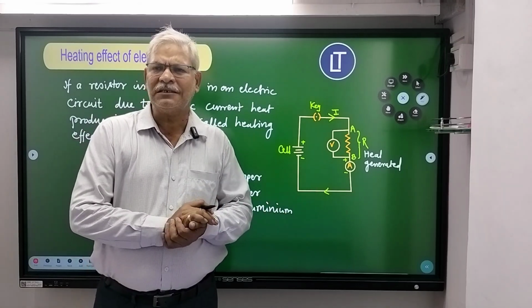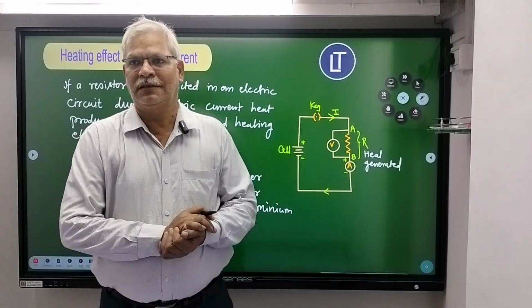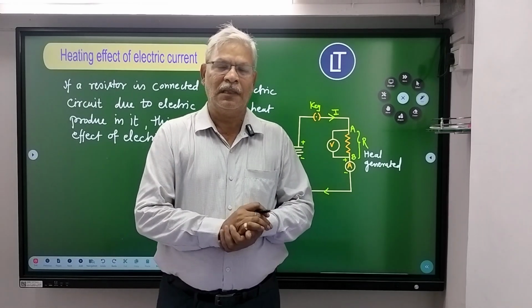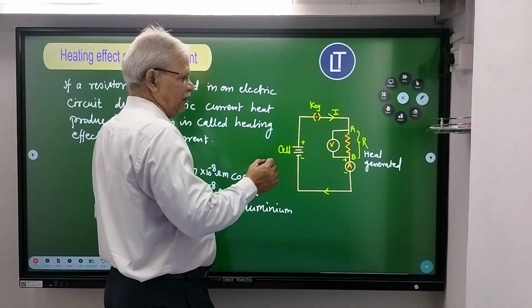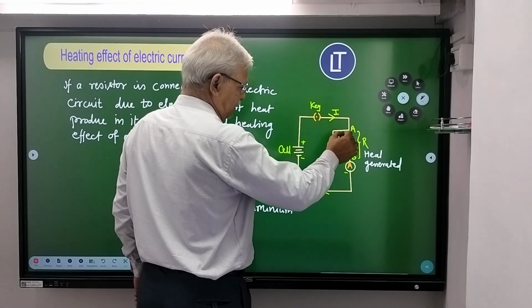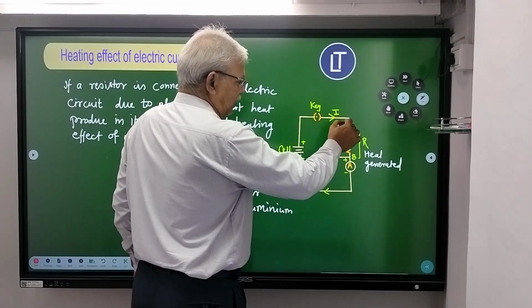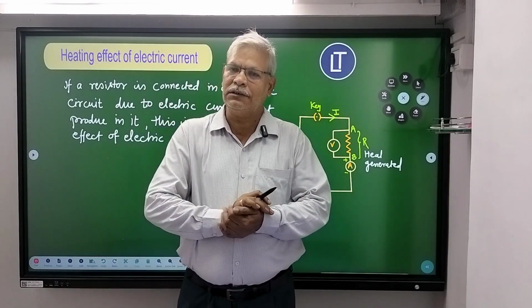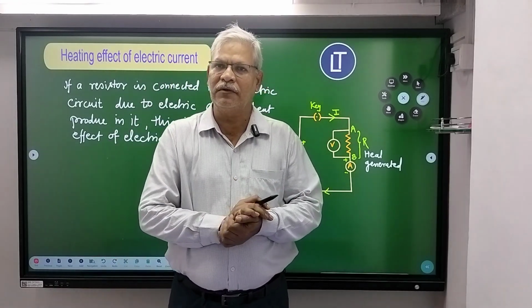What is the meaning of resistance? Resistance means the obstacle. Now see here what happens when the current flows in the circuit. Flow of charge is called the current, that is the rate of flow of charge.